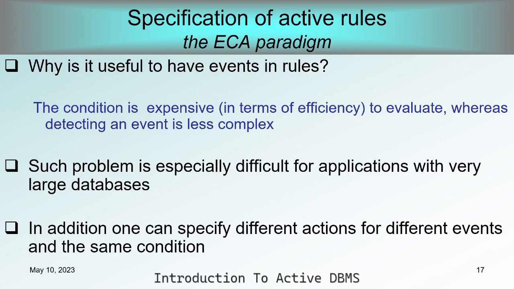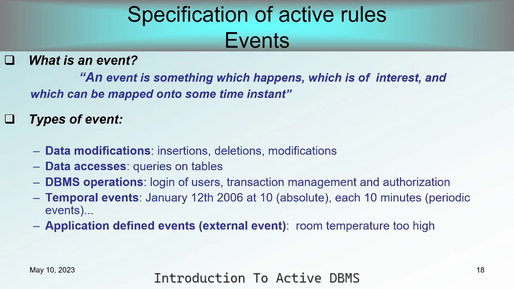So when you are executing it on a very large DBMS, the condition can be too expensive. One can specify different actions for different levels, and the same conditions can be applied to all. So we will go for a discussion on what is event, condition, and action here.